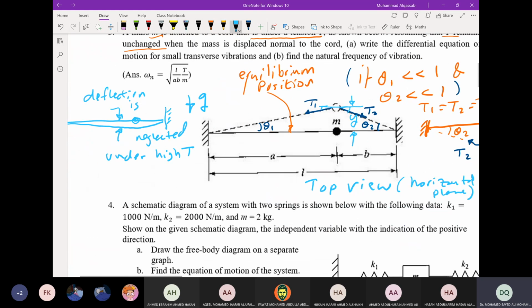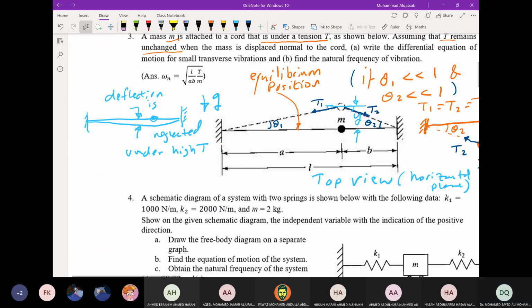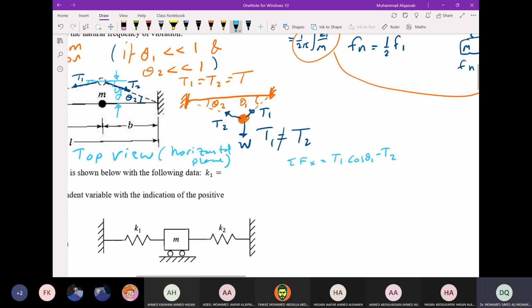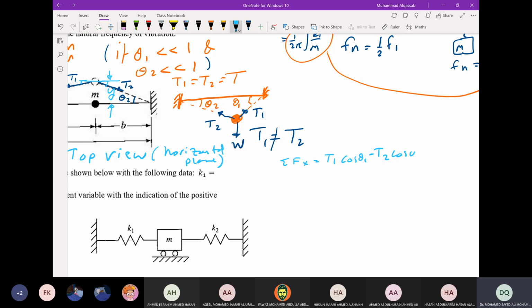Take the sum of forces in the x direction. We will have T1 cosine theta 1 minus T2 cosine theta 2.